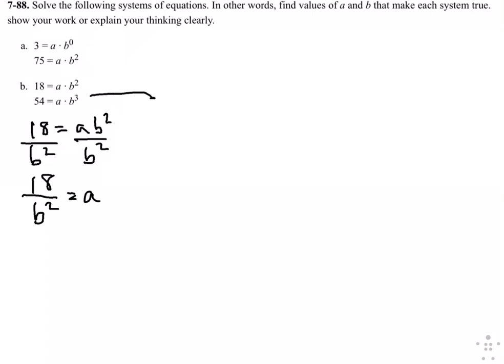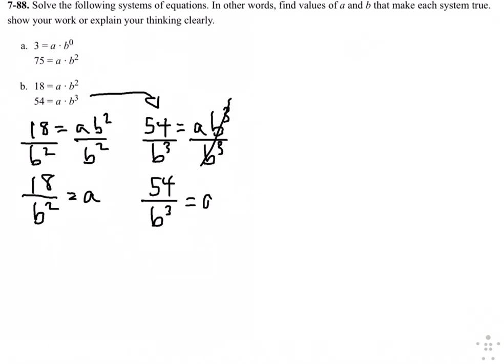I have 54 equals ab cubed, and I could divide both sides by b cubed, right? And this cancels out, and I have 54 over b cubed equals a. So now I have these two equations that both equal a, so now I can set them equal to each other using the equal value method.